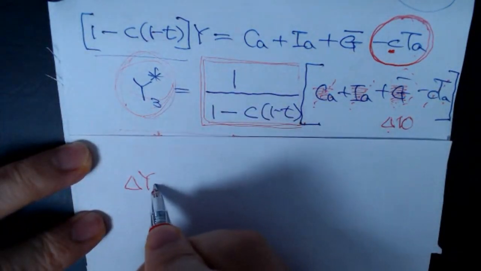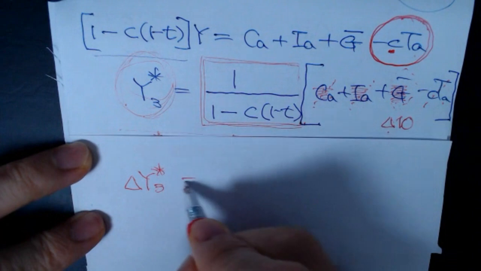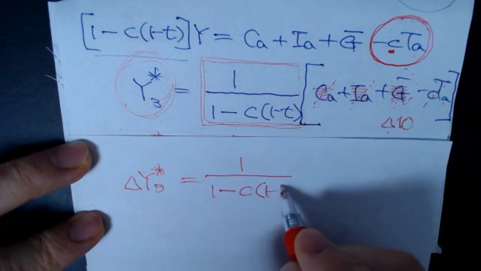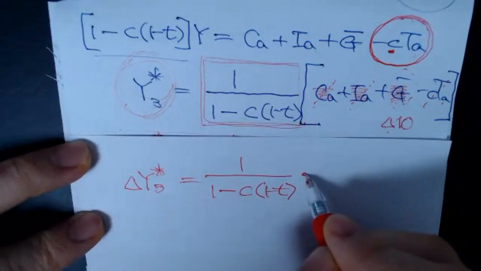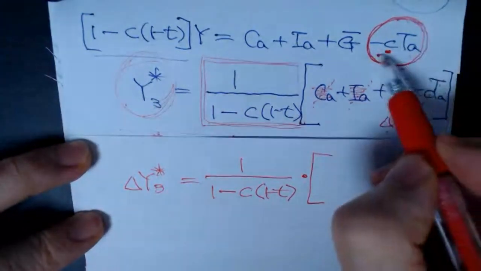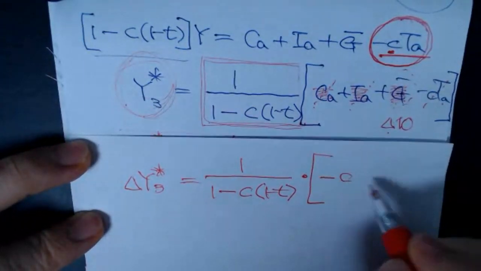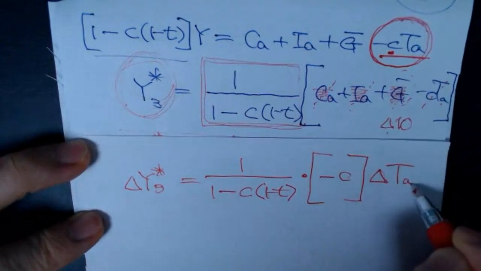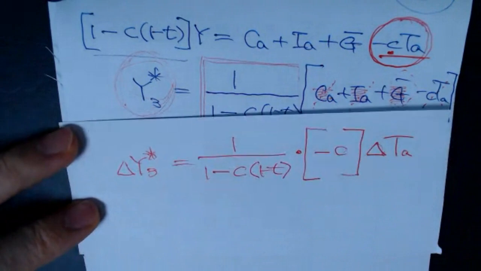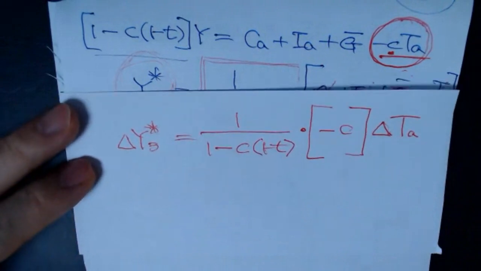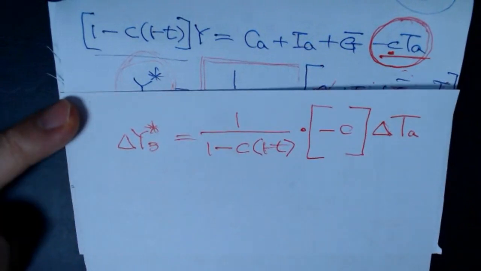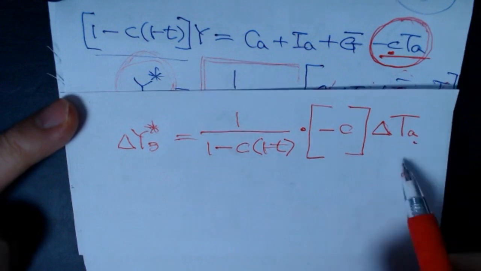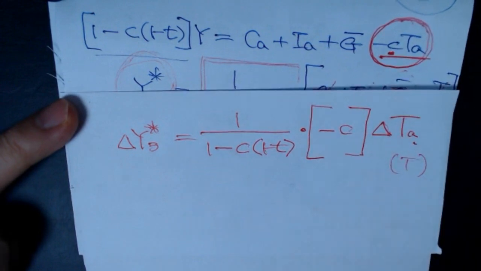Delta Y would be 1 over 1 minus C, 1 minus T, multiplied by minus C delta TA, like this. Okay. Someone may have a question: what is A? It's the fixed amount of tax, right? So it's the same as T.